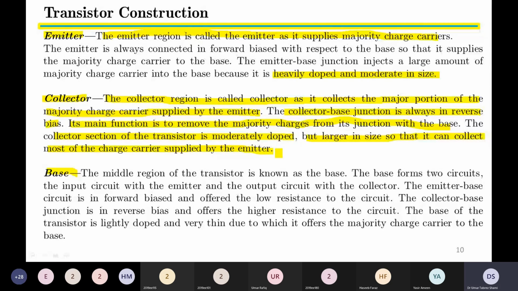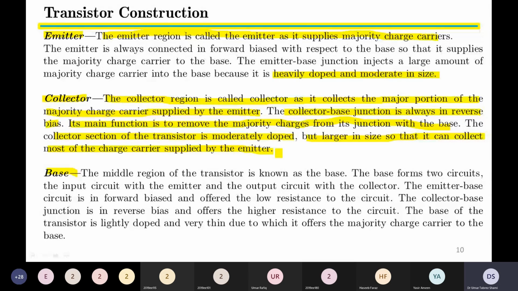This second paragraph defines the function of the collector. The collector is called a collector because it collects the major portion of the majority charge carriers that are supplied by the emitter. The collector base junction is always reverse biased, and the function of this reverse biasing is to remove the majority carriers.